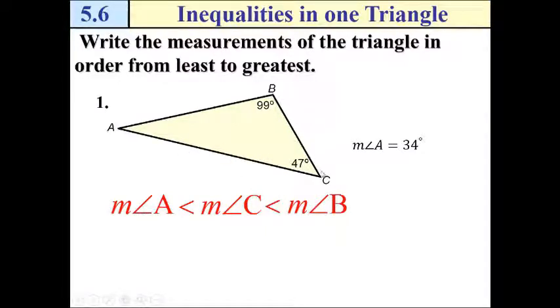The side BC is opposite to the smallest angle, then side BC is the smallest side. After that, side AB is opposite to angle C, the middle one, and the largest one, side AC, because it is opposite to the greatest angle, angle B.